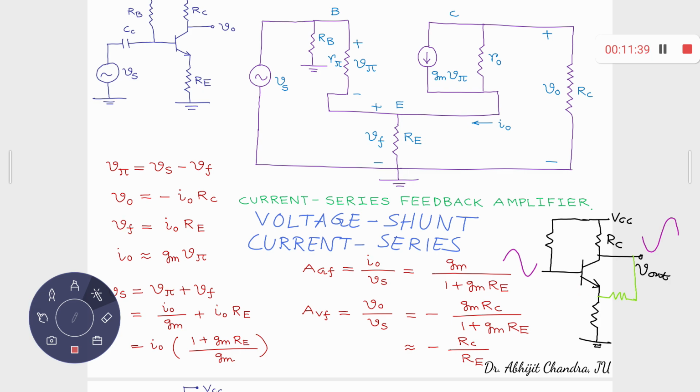So the base emitter drop gets increased. Yes, it's a feedback, but you don't really experience a negative kind of feedback. Whenever the input voltage goes positive, the output voltage goes negative, and a portion of this is fed back over here, so this base emitter drop increases.